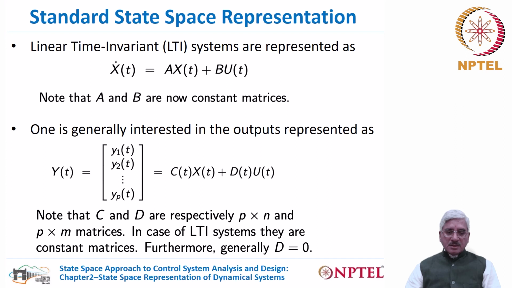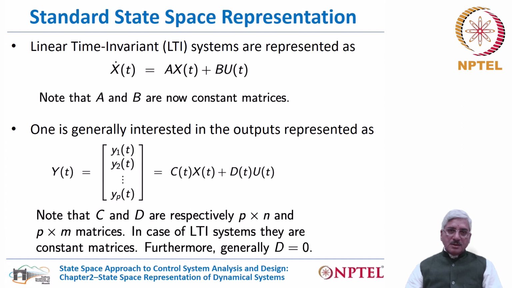Or in other words, A and B are constant. In that case, the representation obtained is called the linear time invariant, or LTI, system representation. You can see that we have dropped the t which was coming along with A and B. So instead of A(t) and B(t), we have only A and B, signifying that A and B are constant matrices.